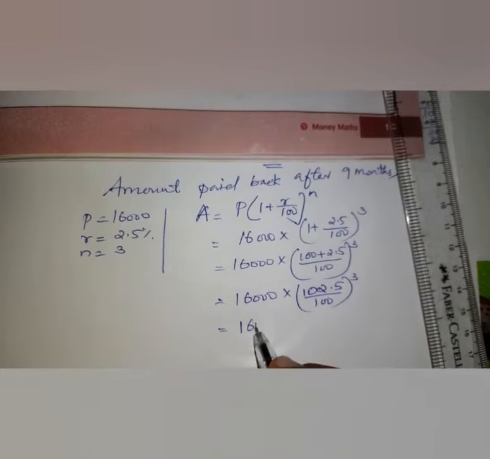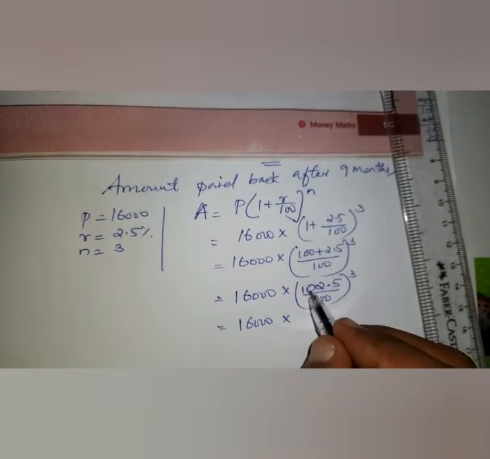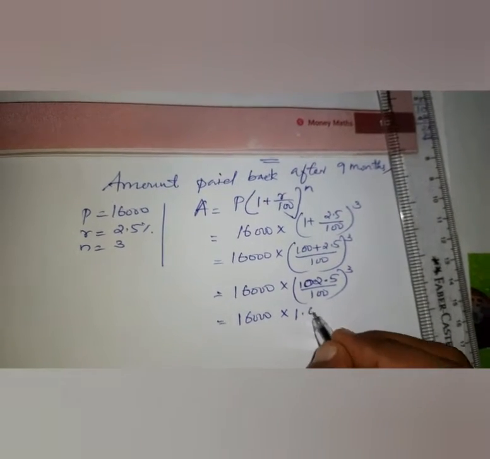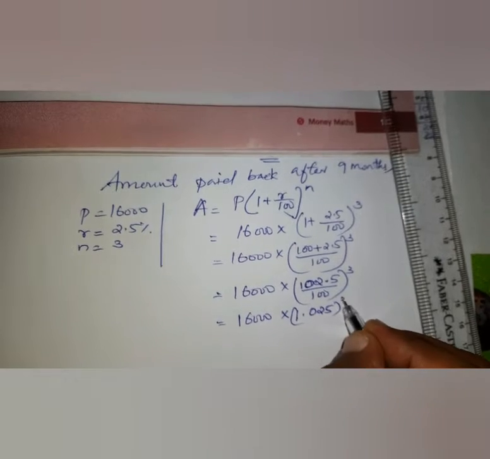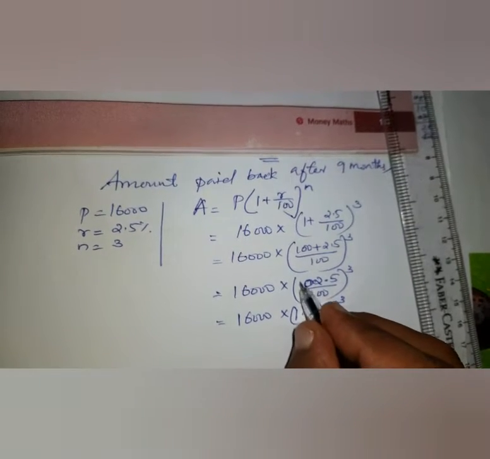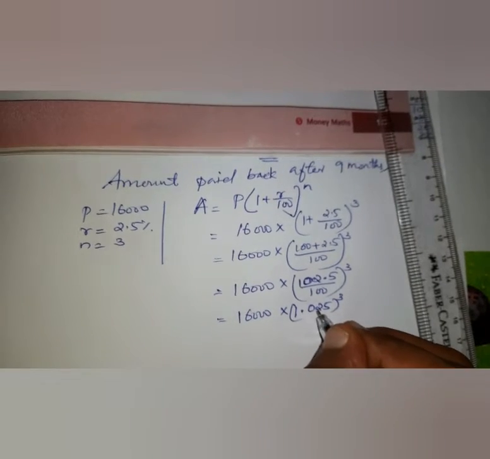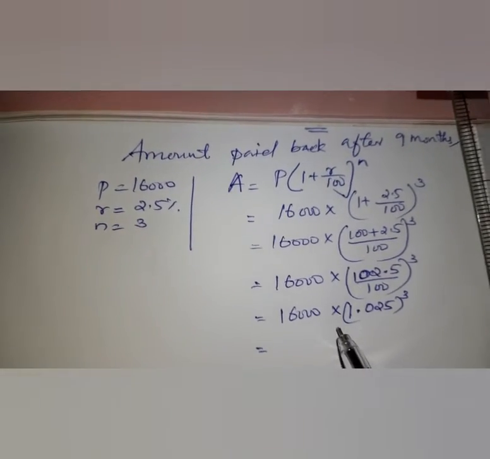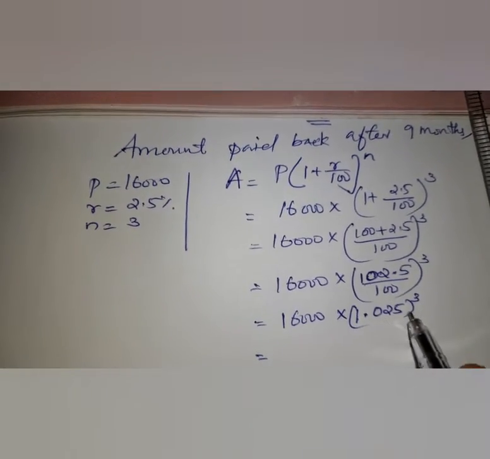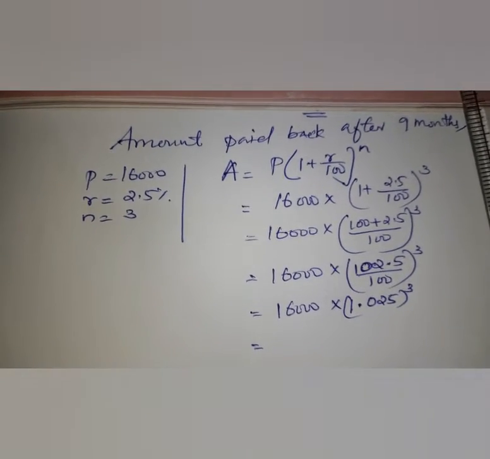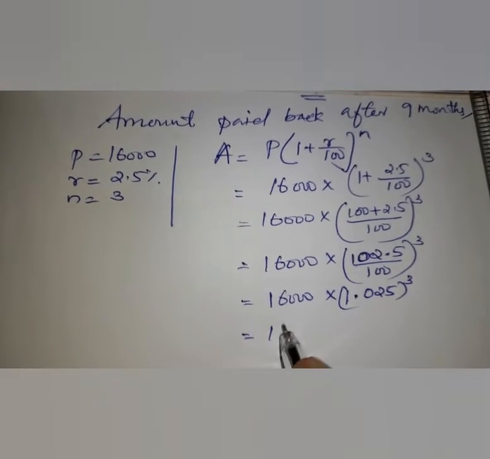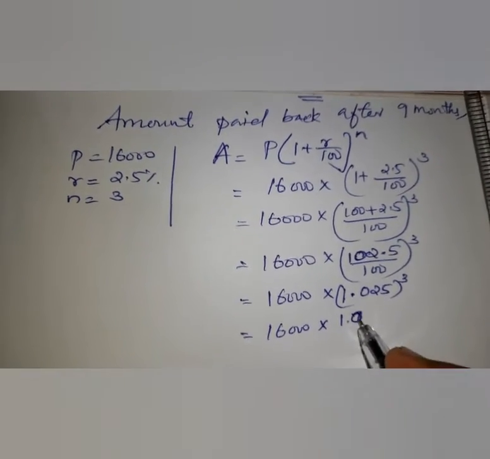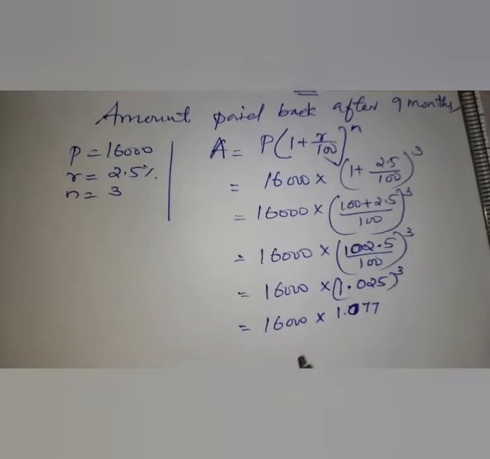So it is 16,000 into 102.5 by 100. Again 2 decimals come to this side: 1.025 raised to 3. You have to calculate it by multiplying 1.025 three times, or using that identity. 16,000 into 1.077 we will get.